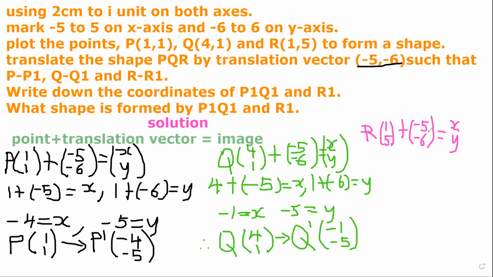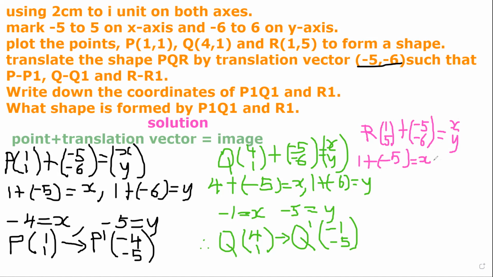So here you solve them in equation form. The first linear equation is 1 plus -5, you put it in the bracket and then equal to X.